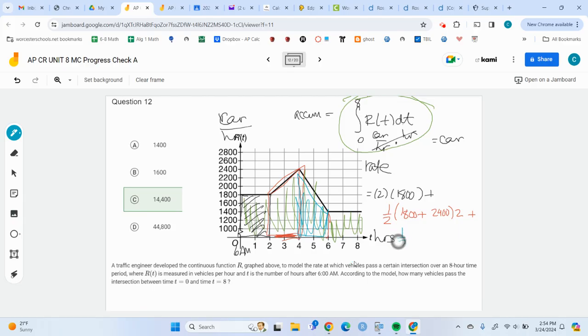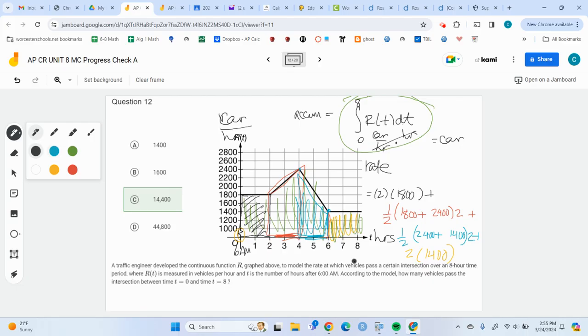Okay, so 1/2 times base 1, 2400 plus base 2, 1400 times the width or the height, which is 2, plus, a square, thank goodness. This square. Actually, it's not even a square. It looks like a square, but look at this little break in the graph. 1400.